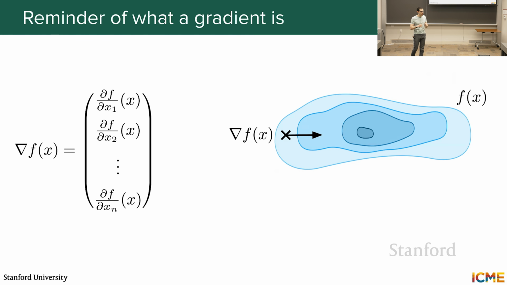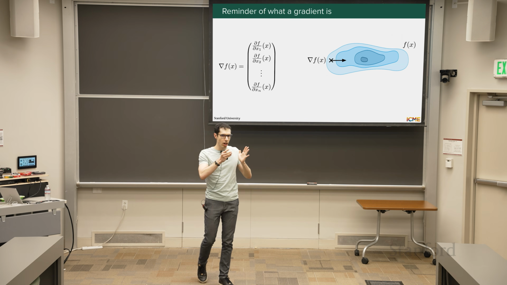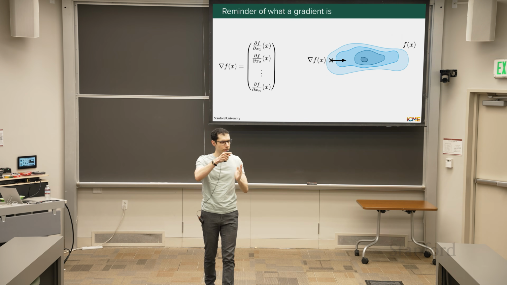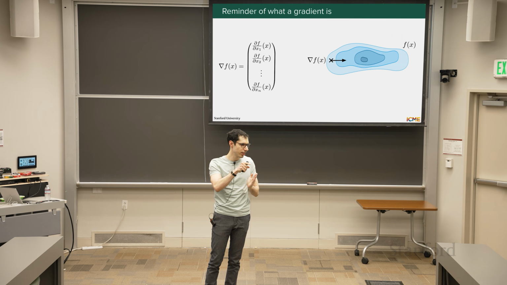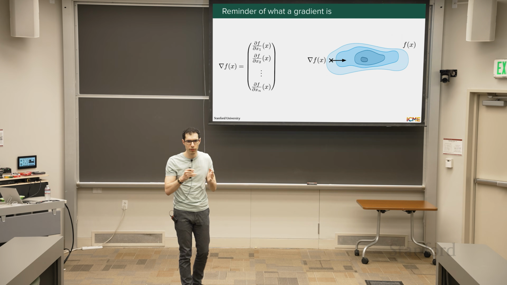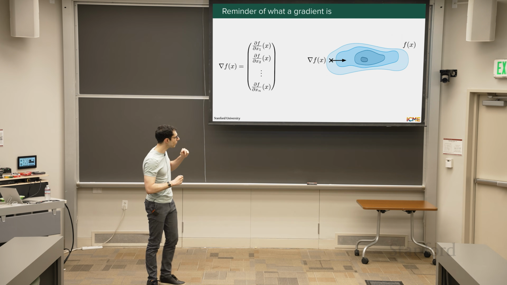Just as a reminder, the gradient of a scalar function takes in as input x, which is multidimensional, and returns a scalar. So the gradient of the function is a vector of components, partial derivative of that function with respect to each dimension of the multidimensional space.